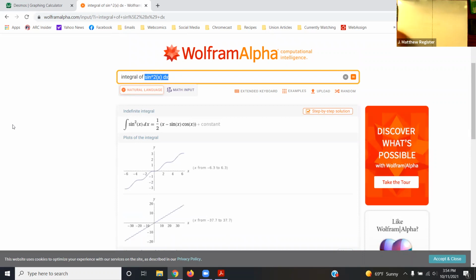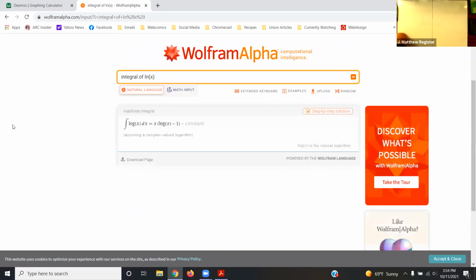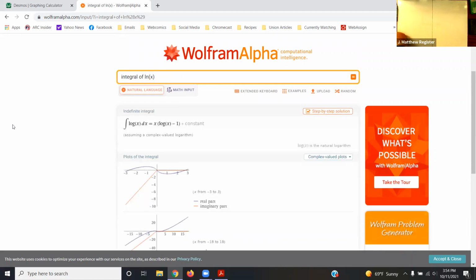I wonder about natural log. And so if you do natural log, notice that it says the integral of log of x dx is equal to x log of x minus 1 plus constant. Notice that when you see log x in mathematics, it generally refers to the common log and not the natural log.